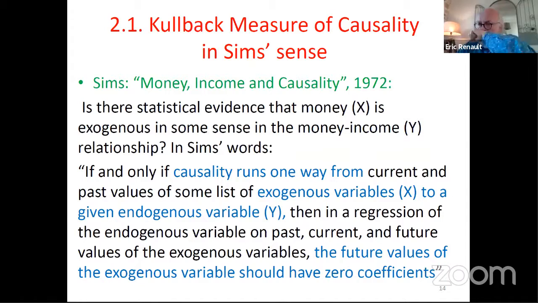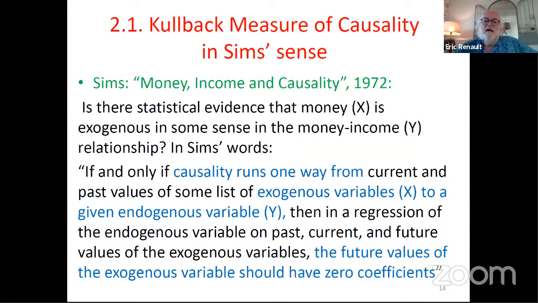But what Sims is doing is reversing the point of view. If X is exogenous, when you regress Y on all the paths of X, past, present and future, the future of X should not show up, should not be significant in the regression. Because if the future of X is significant, it means that it incorporates something about Y, so somehow Y is causing X. This is the way Chris Sims is thinking about causality.